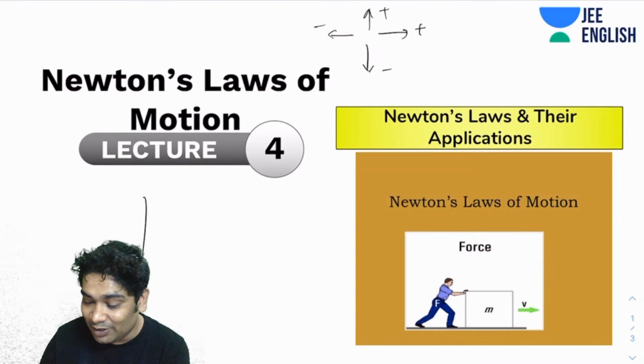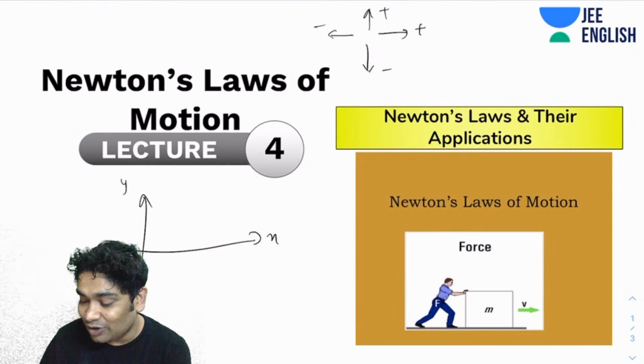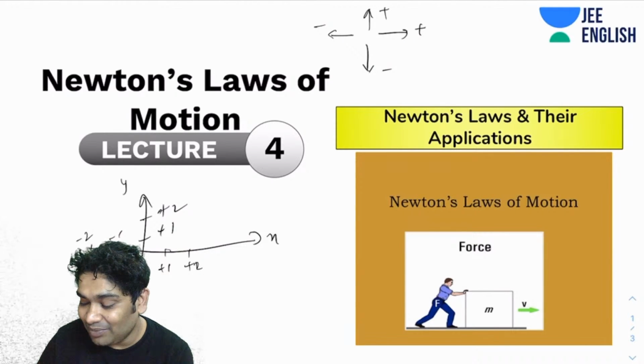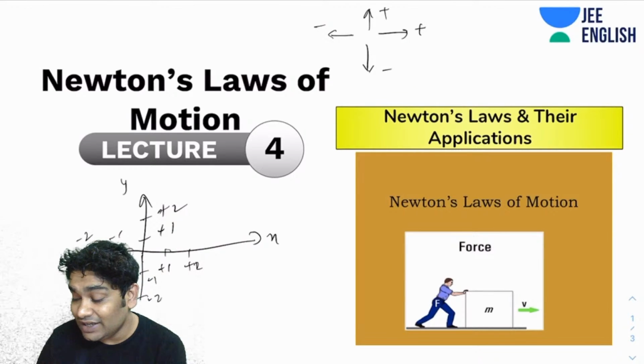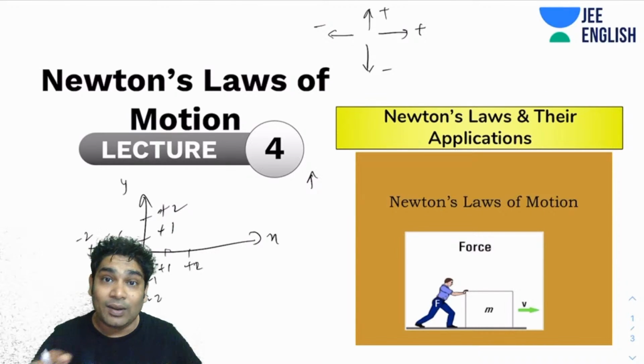I hope you remember your axes when you're taking the y and x axis coordinate system. Everything to the right of the origin, you write plus 1, plus 2. Here you write minus 1, minus 2. Here plus 1, plus 2. Here minus 1, minus 2. That is it. So if velocity is upward, then I take it positive no matter what it is.